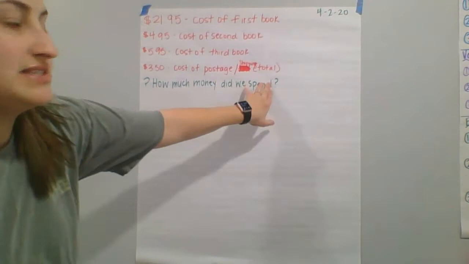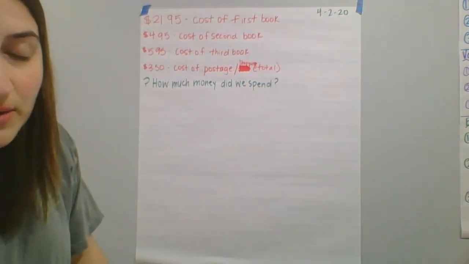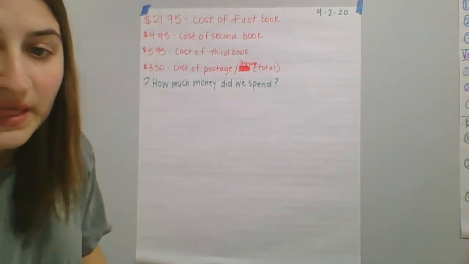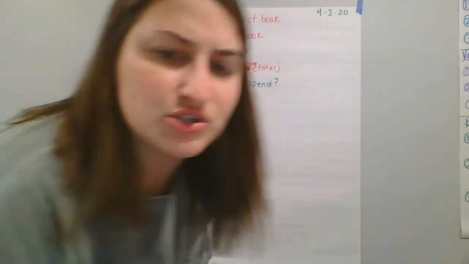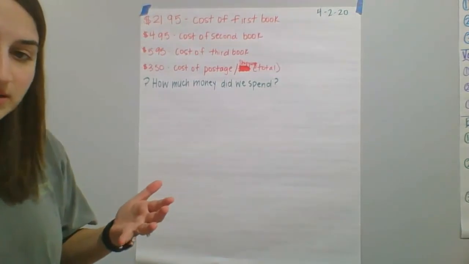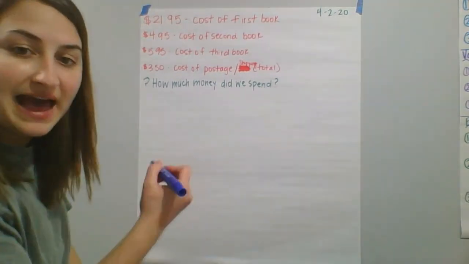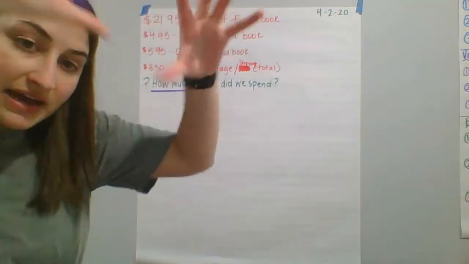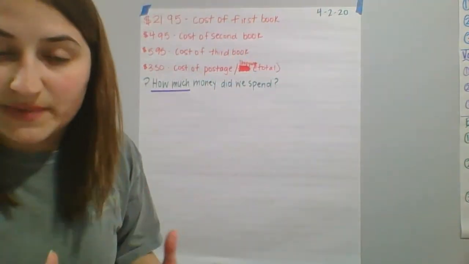So I wrote out a different question. My question that I was asking myself was, how much money did we spend? That is kind of similar to what is our total amount that we're trying to solve for. This part that says how much is telling me that I want to figure out all together what I spent.